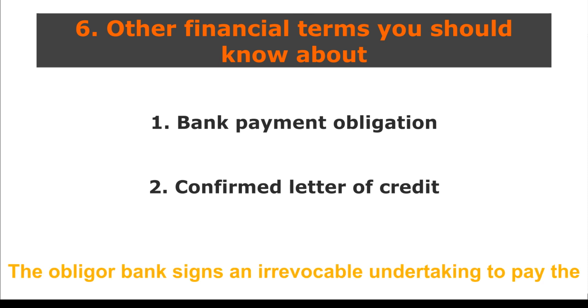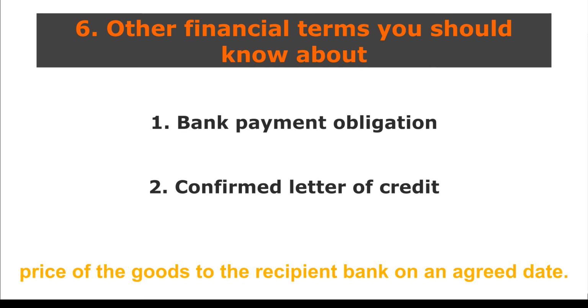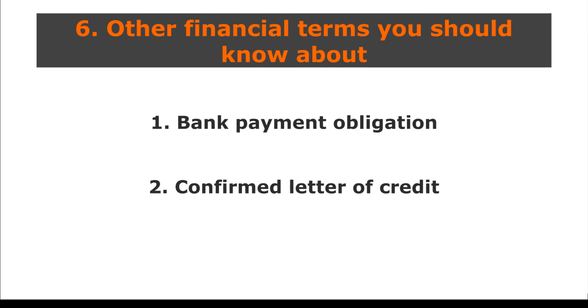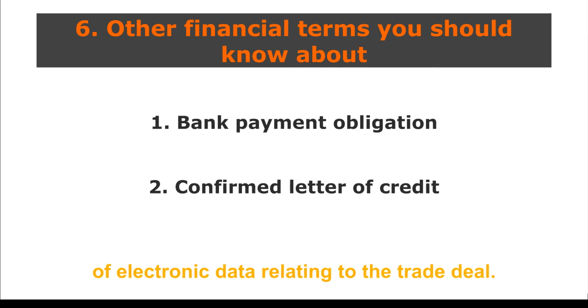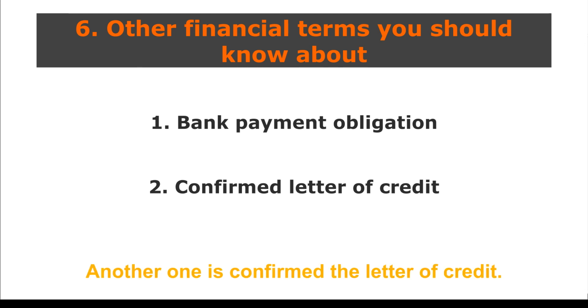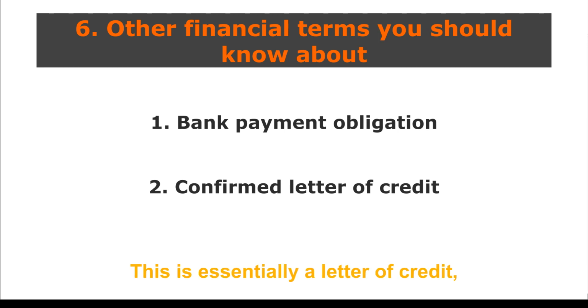The obligor bank signs an irrevocable undertaking to pay the price of the goods to the recipient bank on an agreed date. The payment is made once there is a successful matching of electronic data relating to the trade deal. And another one is confirmed letter of credit. This is essentially a letter of credit, but with an important difference.